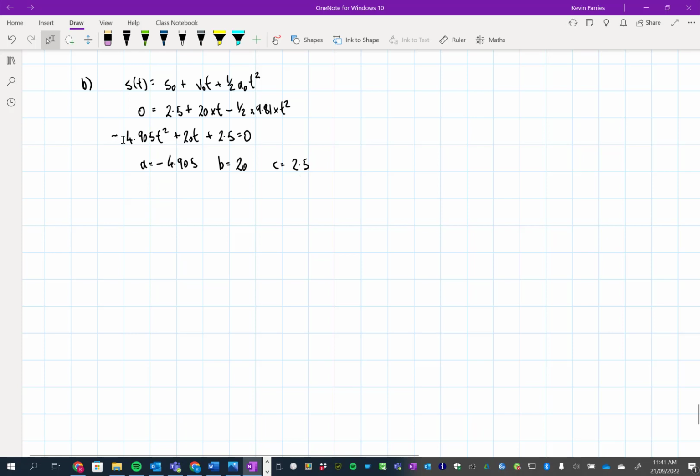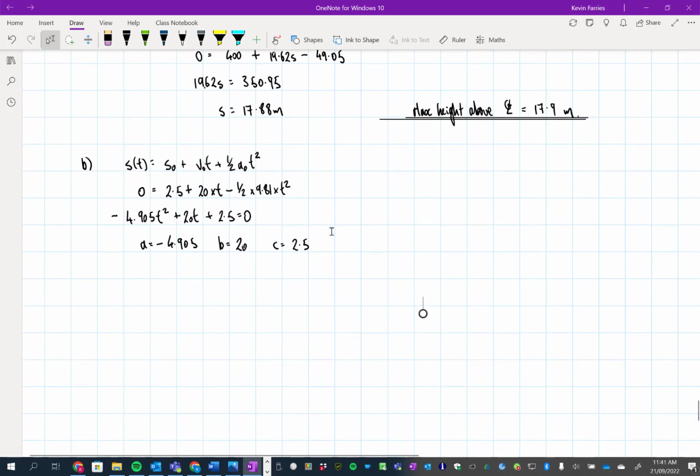And we are making sure that we take the negative with this one. And so therefore we've got the a, b, and c we need. The first thing we figure out, might as well just do it over here, is the square root of b squared minus 4ac, which is equal to the square root of 20 squared, and it's got a negative, so it's going to be plus 4 times 4.905 times c, 2.5.